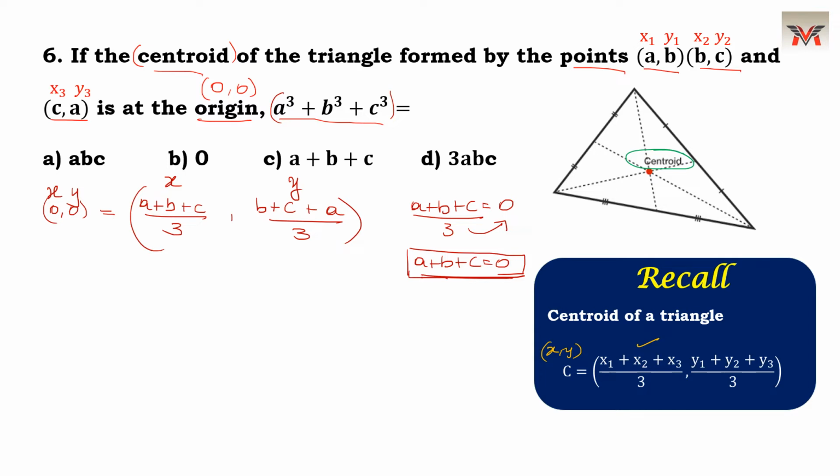But we have been asked to find a³ + b³ + c³. How can you find this? If you recall, we learned a formula related to this in 9th standard, in the chapter on polynomials.